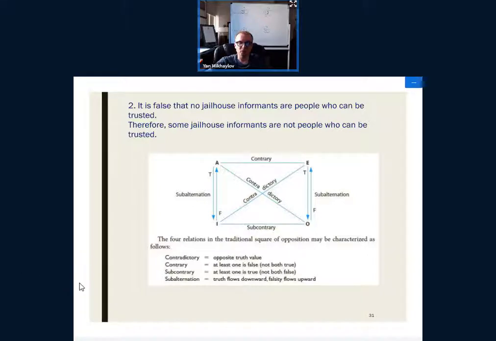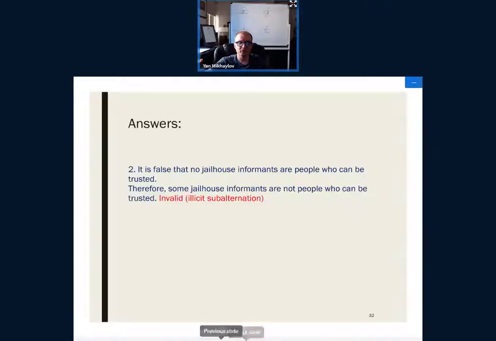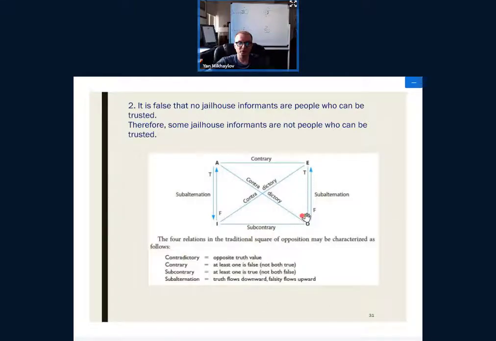So it is almost correct, but it is illicit subalteration. Illicit. If it is just subalteration, that is not a fallacy. The relation is of subalteration, the fallacy is illicit subalteration. So that would have been correct. But you have to be careful about that. There is no fallacy subalteration. The fallacy is called illicit subalteration.